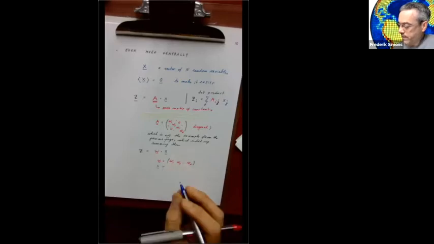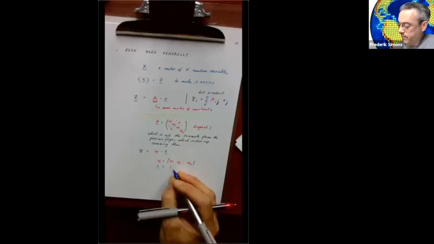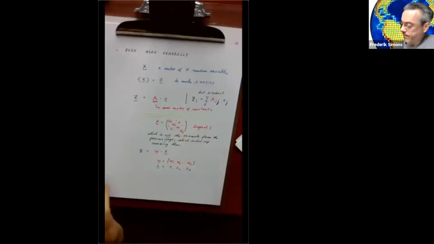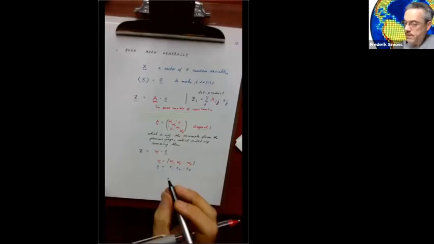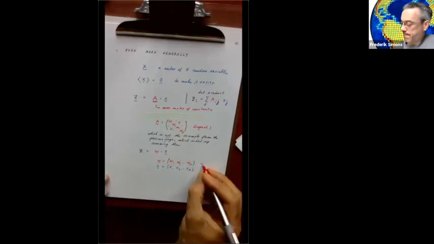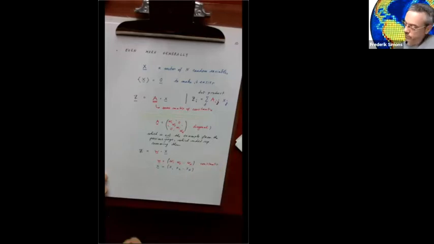Sorry, this is random variables. I'm going to stick with my colors here. W is a vector of constants. These are random variables.